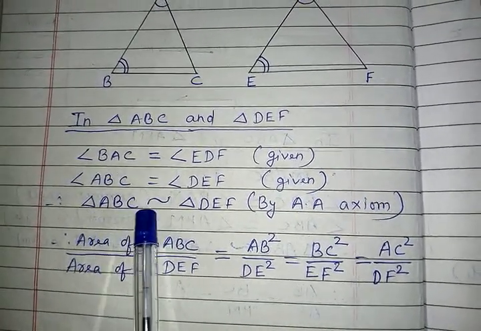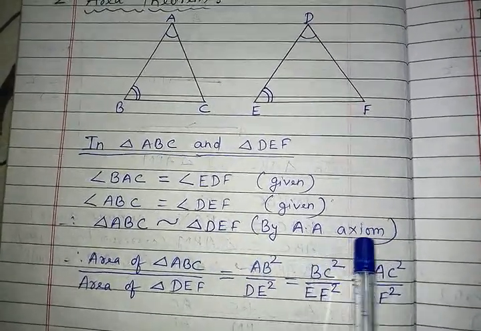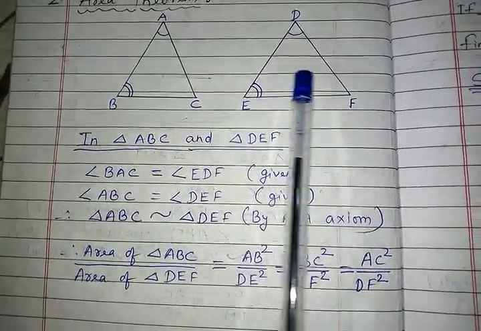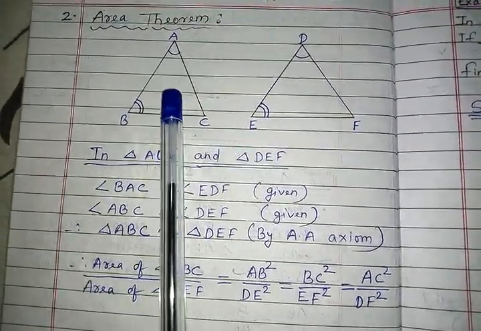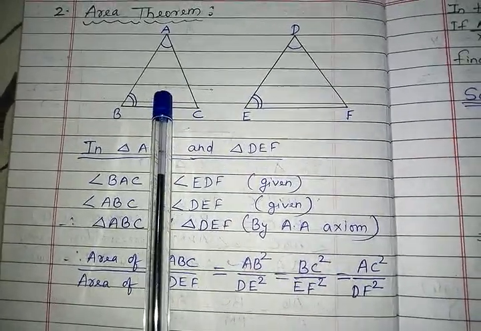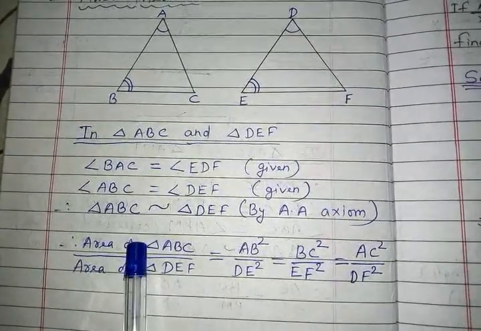So triangle ABC will be similar to triangle DEF by the angle axiom, because we could prove that these two triangles are similar since two angles are equal in these two triangles.